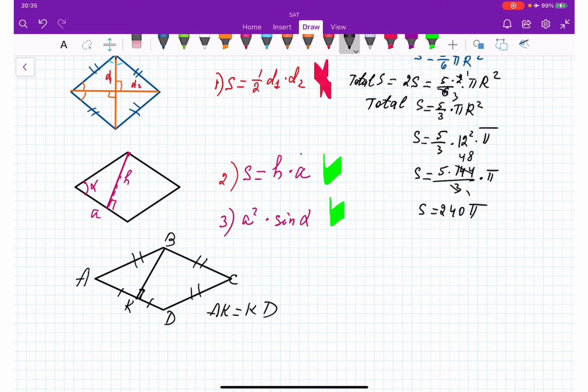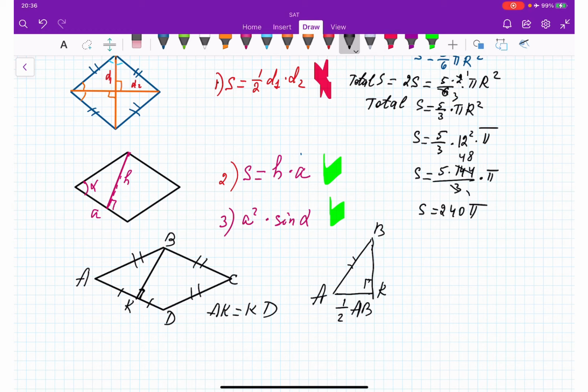Here is a very interesting theorem. In the right triangle, the triangle with the right angle, if one leg, this AK leg in our case, since AK is equal to KD, is half of AB, the hypotenuse, correct? Why?